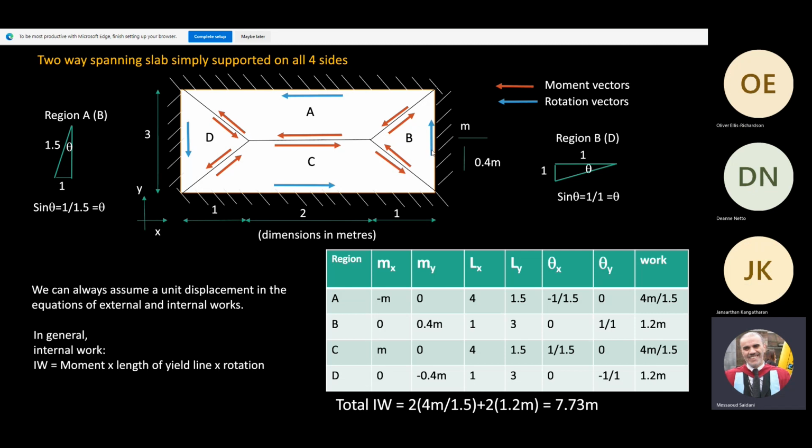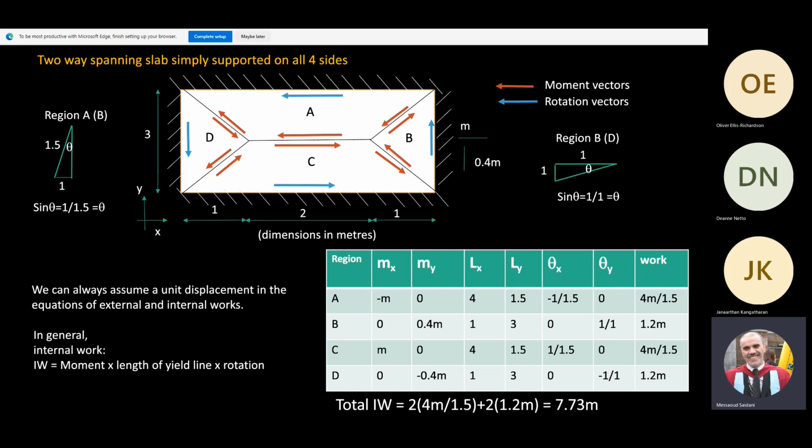Then, can you see the rotation vector, how it's going like a flow again, anti-clockwise? So once I've got one of them, I can deduce the others. So in future, if you've got a slab like this, or a triangle, or whatever regions you have, if you do one region, and follow the equilibrium condition and the fact that the vectors go in the same direction as a flow, then you can deduce the other regions from that one region.